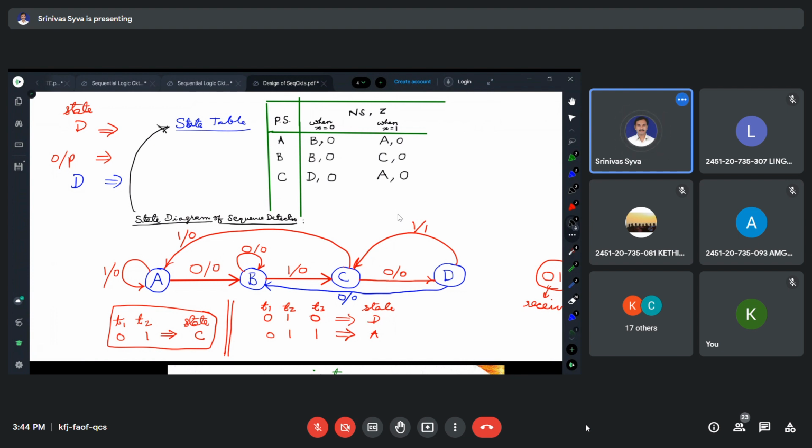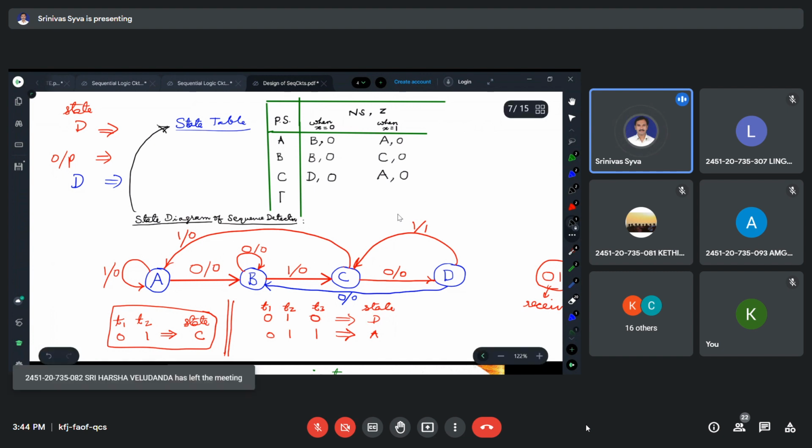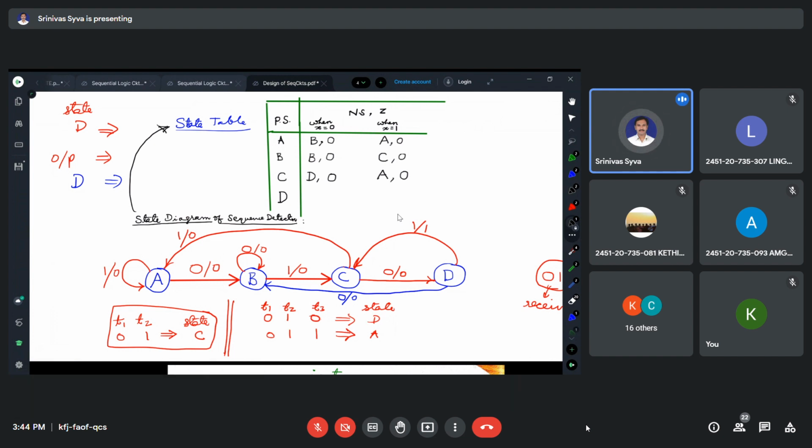Suppose now the machine is in state D. Again there are two possibilities, so we have to consider two cases. When we receive 0, what happens? When we receive 1, what happens?